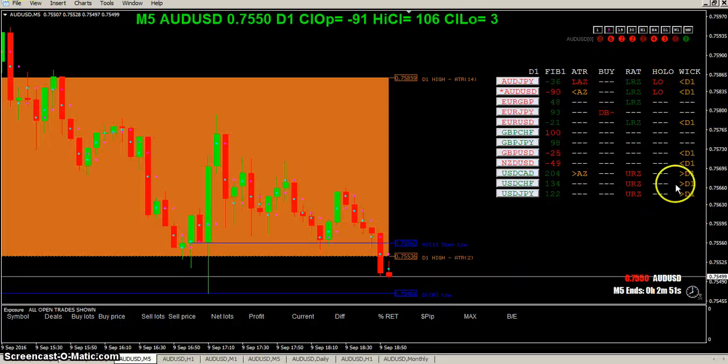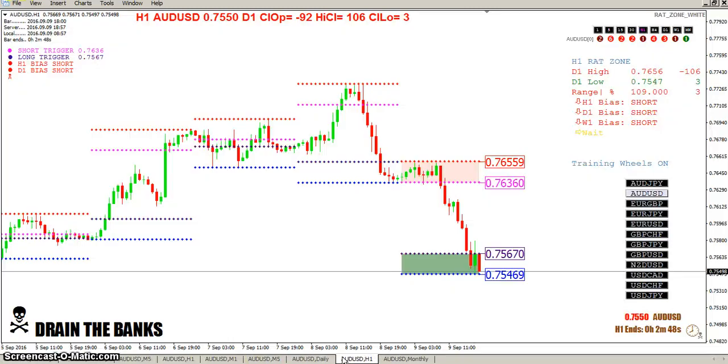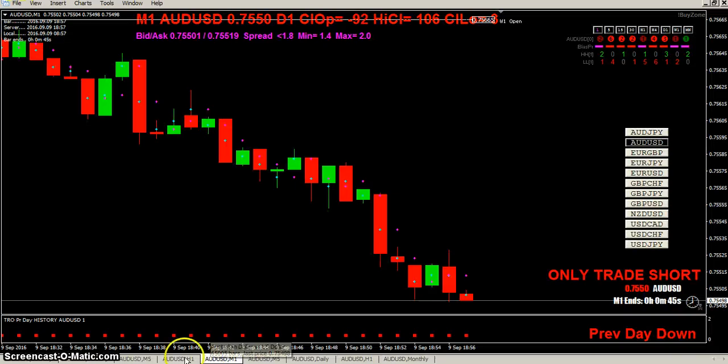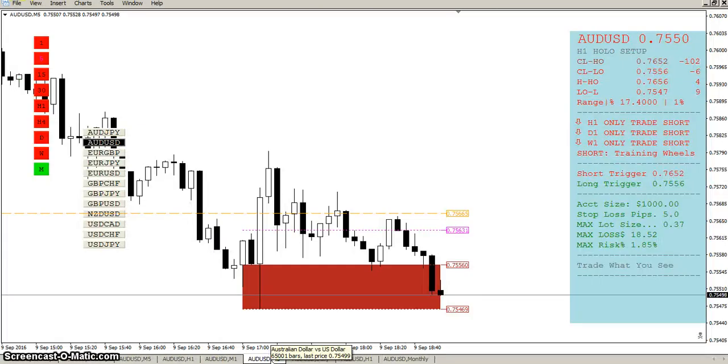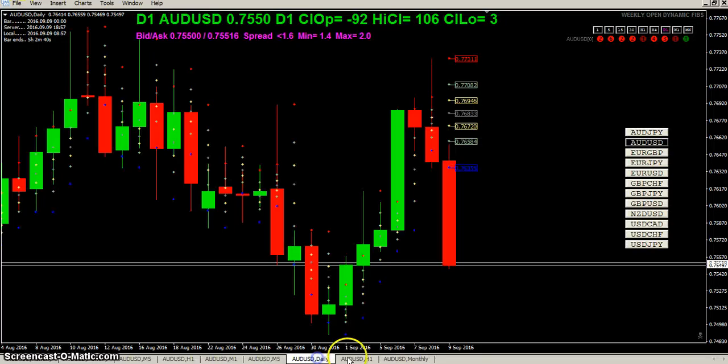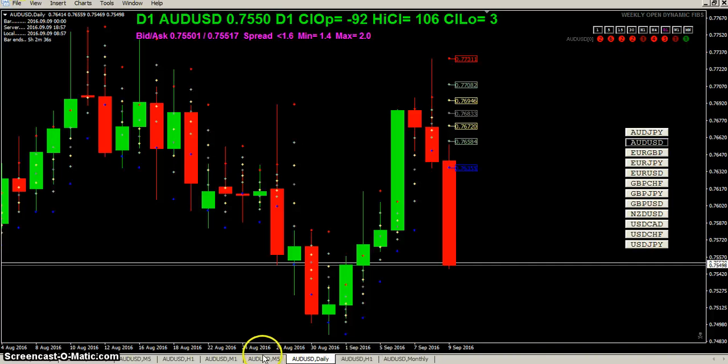Okay, so that's the holo zone. And we have the wick zone. Okay, this is the holo rat. That's the fibs. You can see the AUD really got crushed today.